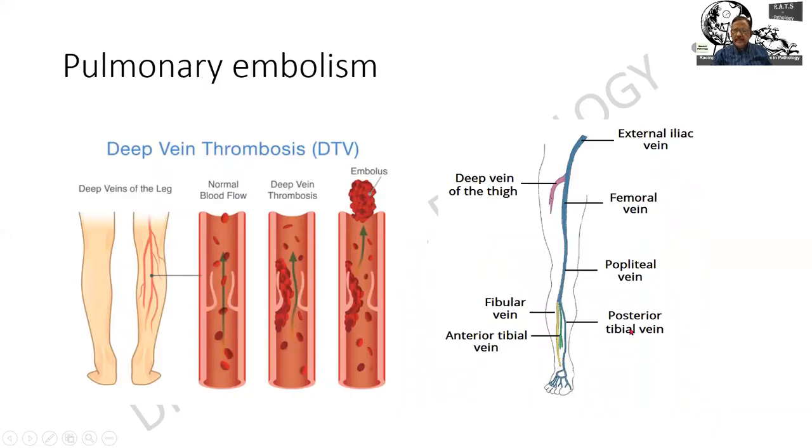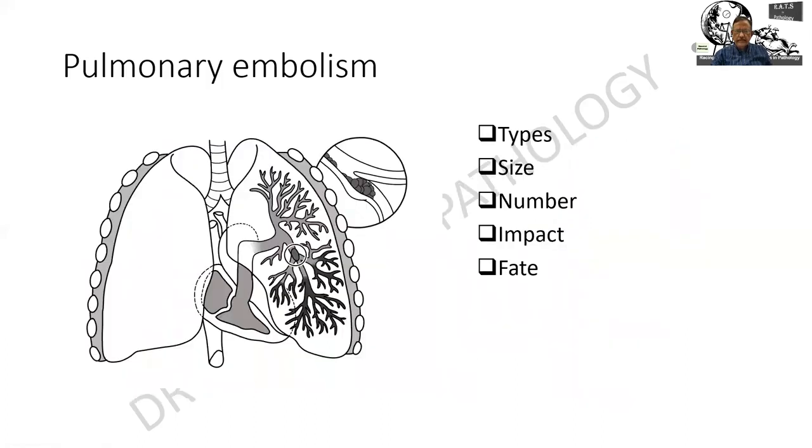And these are the veins that are there. Mostly it is in and around the popliteal veins or the deep femoral vein. Sometimes the leg veins are also the cause or the source of the embolism. So they all drain into the inferior vena cava, and the inferior vena cava goes to the right side of the heart.